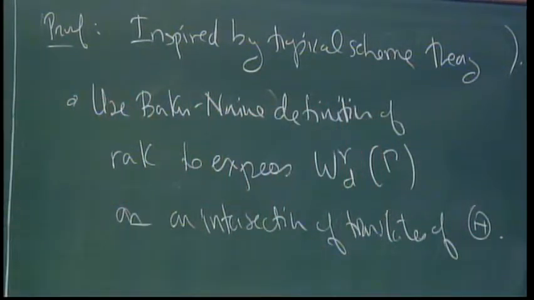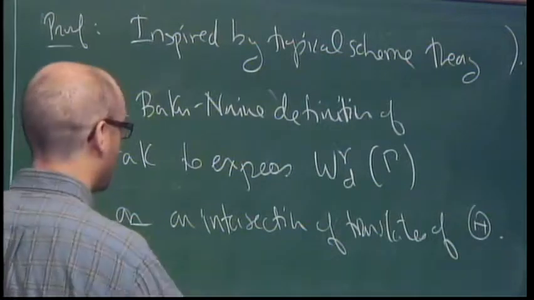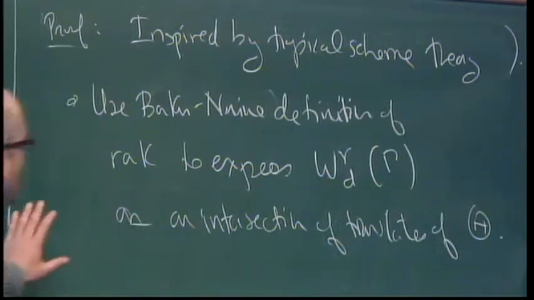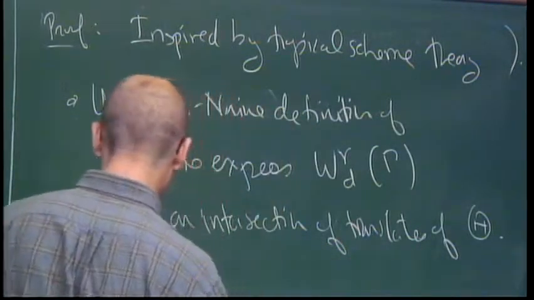So the theta divisor on the Jacobian or on Pic D. Okay, I guess I should say Pic g minus 1. But just choose a base point. And we're expressing WRD of gamma as an intersection of translates of theta.